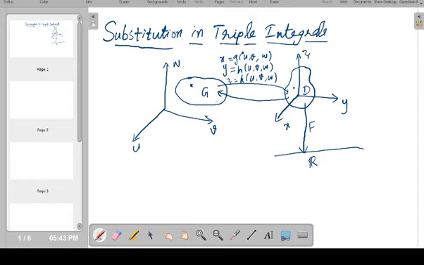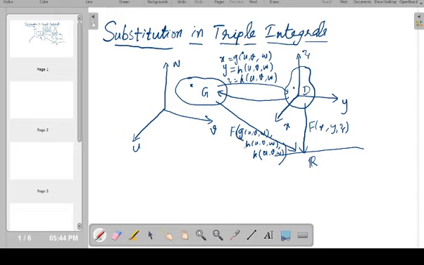Now look at the composition. Here we have f of x, y, z, but the composition becomes f of g of u, v, w, h of u, v, w, k of u, v, w.